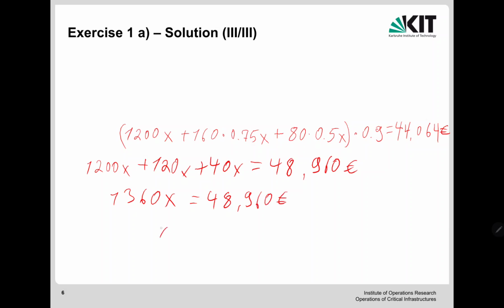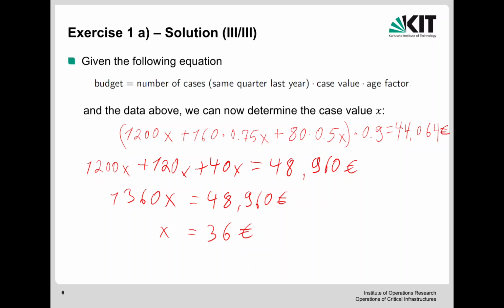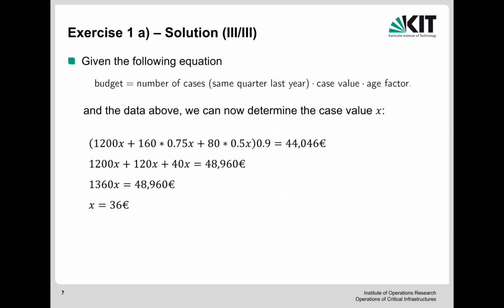Okay, and that means that the case value is 36 euros per case. So she will receive 36 euros per patient or per case. Okay, so this would be the first solution of A. Here we have written it in a nice way. So if you cannot read my handwriting, just refer to this slide.